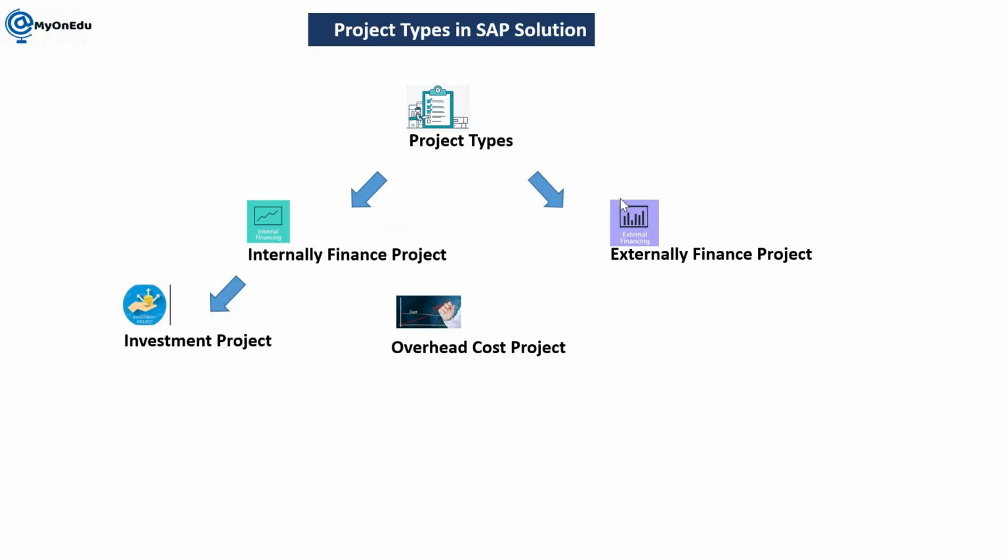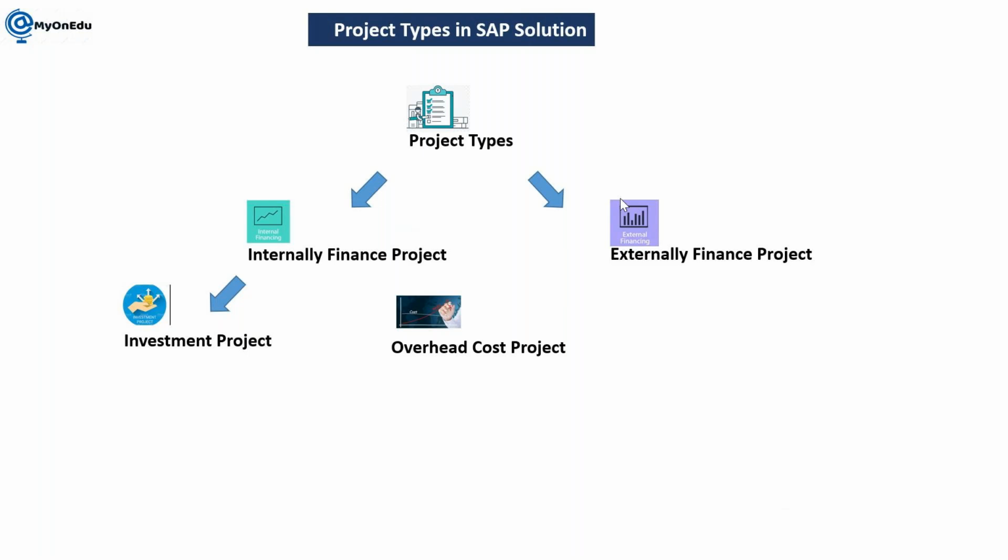For example, whatever day-to-day activities are managed in your manufacturing unit will be considered operative expenses. In some cases, you do maintenance for your machines, using mobile oil or other small things. Whatever cost you incur, that is considered overhead cost.